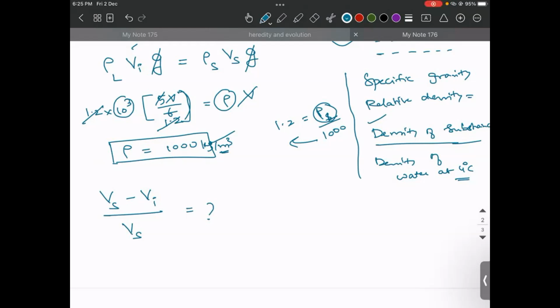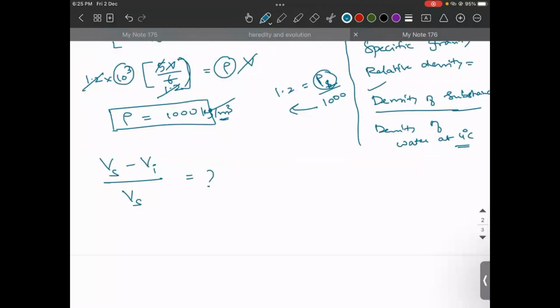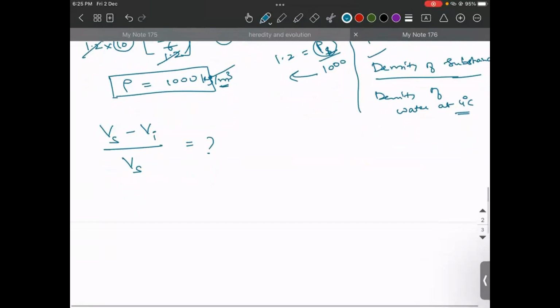Okay. So Vs minus Vi divided by V. So how much is it going to be?